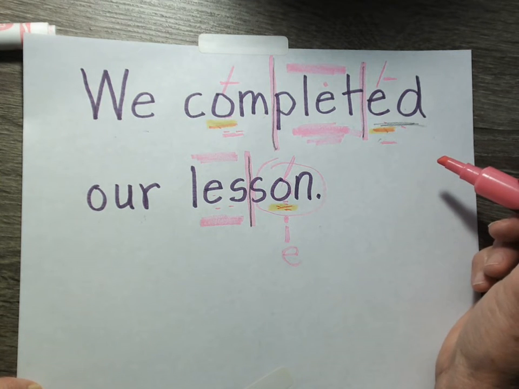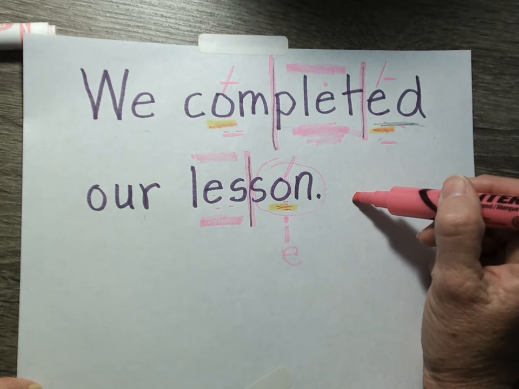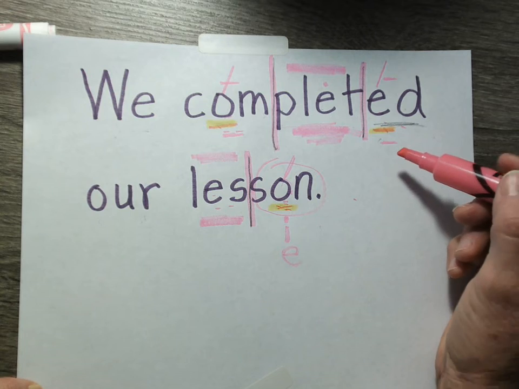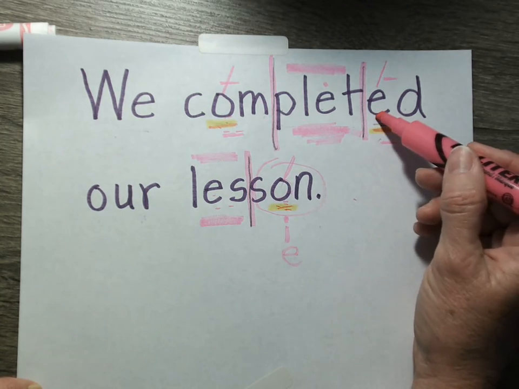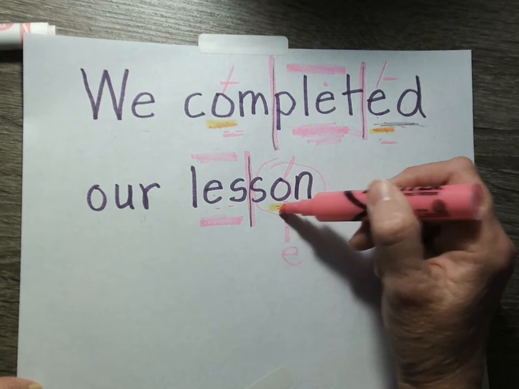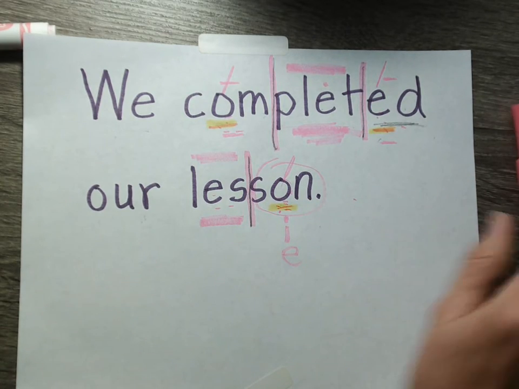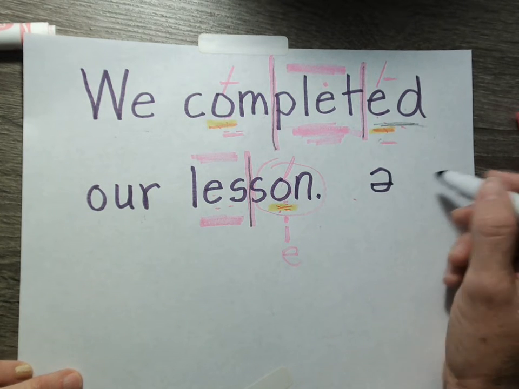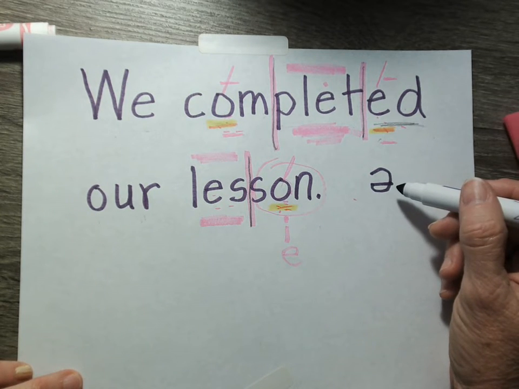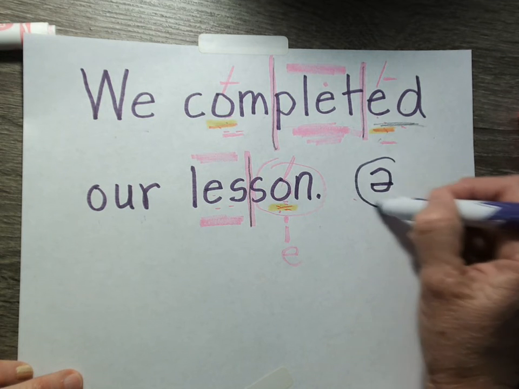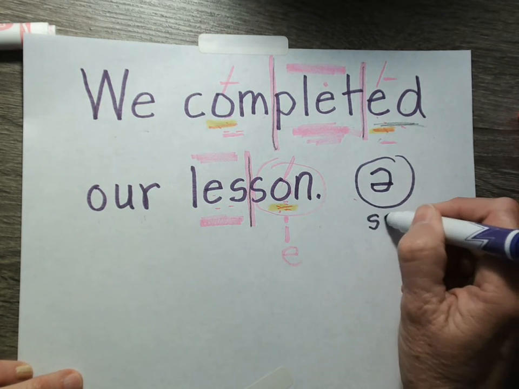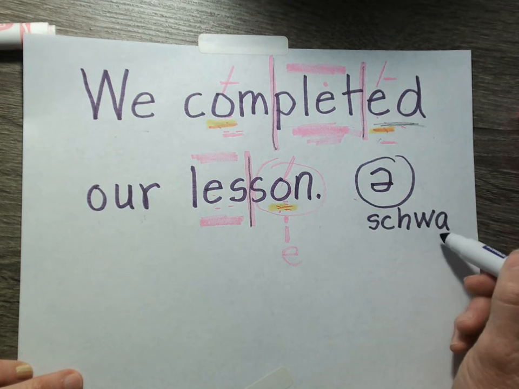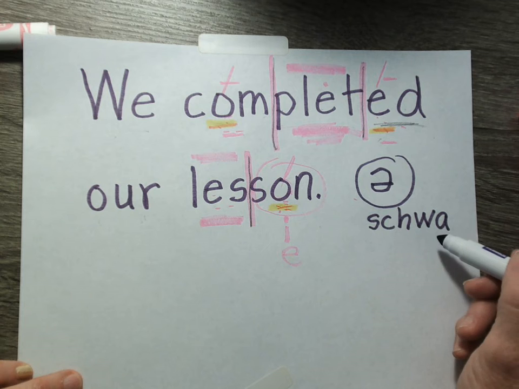So if you go look these words up in the dictionary, you will see a symbol in the dictionary that does not match short O, short E, and short O. What you'll find is a symbol in the pronunciation that looks like this. And yes, it looks like an upside down backwards E, but it's the symbol they use to tell you about this sound in American English, the schwa sound.